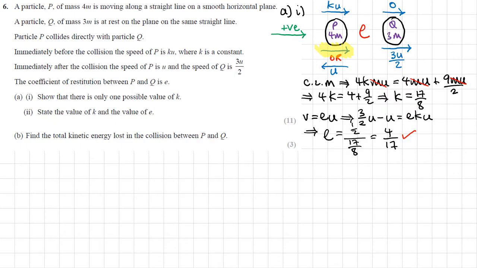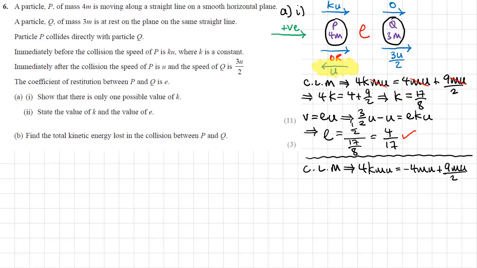Now we're going to follow through and do the same thing, but this time we are going to be looking at when we consider P going in the other direction. So I'll highlight it here, and then we're going to see what happens. Is there going to be some sort of issue if we take P as moving in the opposite direction?